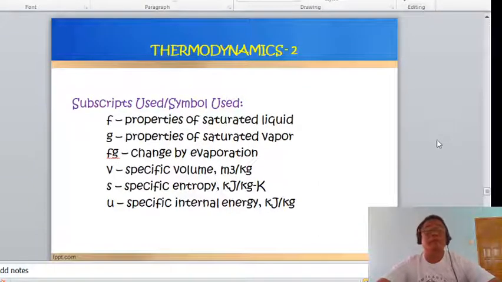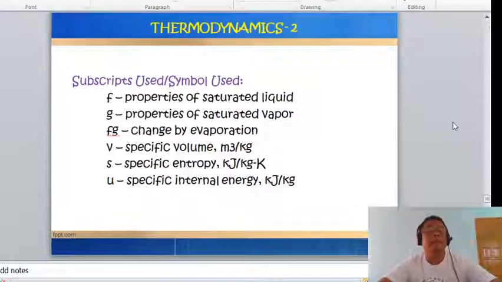Take note, class, of the subscripts or symbols used. F is for properties of saturated liquid. G is for properties of saturated vapor. Fg is the change of evaporation, meaning the mixture. V is the specific volume, S is the specific entropy, U is the specific internal energy.